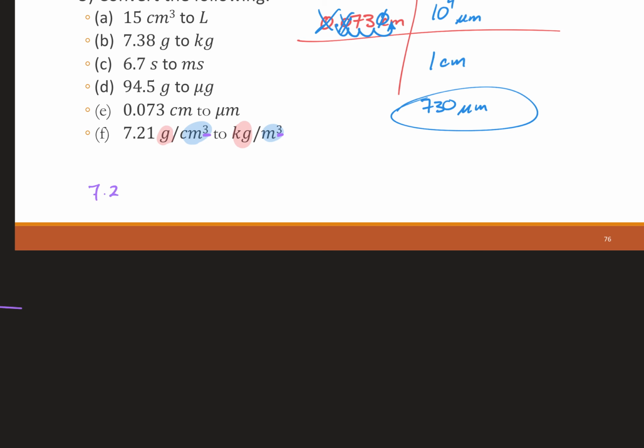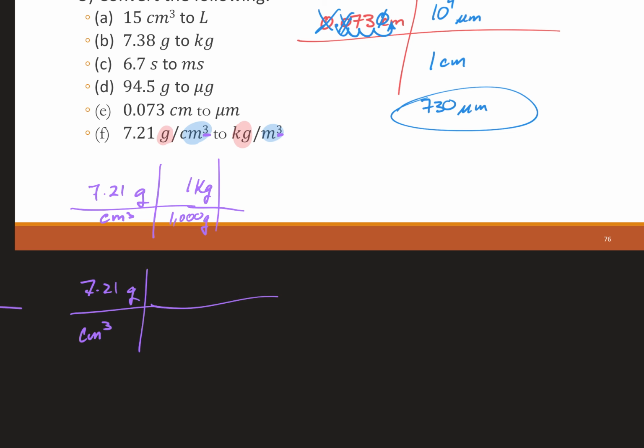So your measured value is 7.21 grams per cubic centimeter. The first thing that I'm going to do is convert it to kilograms. So 1,000 grams is 1 kilogram. And I could write it also down here like 10 to the 3rd grams per kilogram. I'll do both. All right.